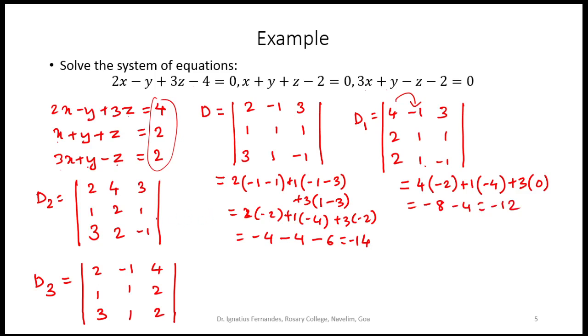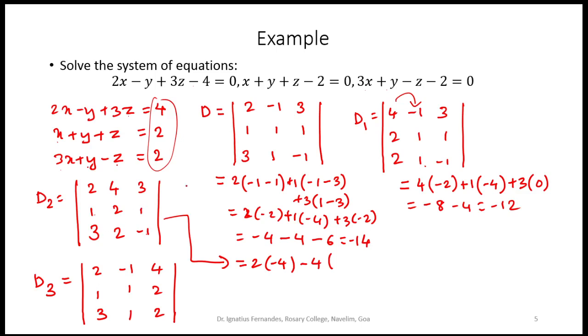Next, let me write down the value of D2 here. So this is equal to 2 into minus 1, minus 2, minus 2 into 1. So minus 2 is minus 4. Then I go to the next element. So minus 4 into, I have 1 into minus 1, that is minus 1, minus 3 into 1.